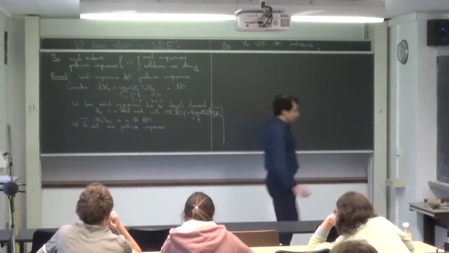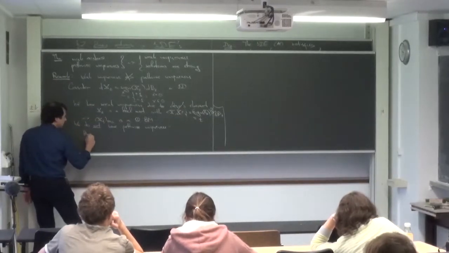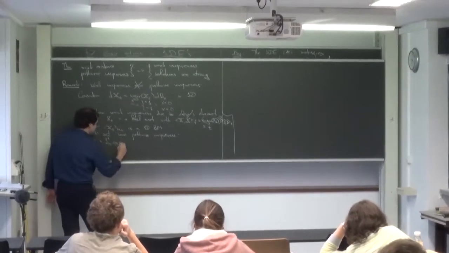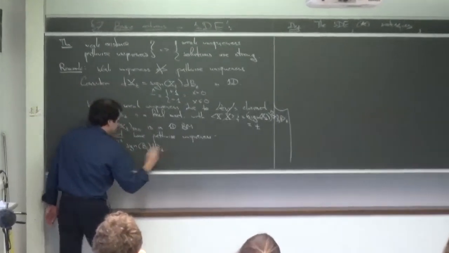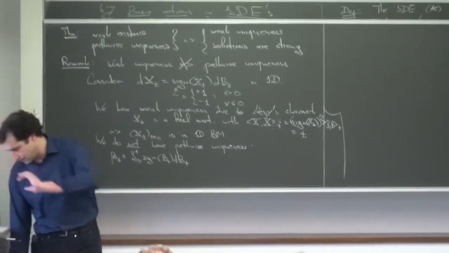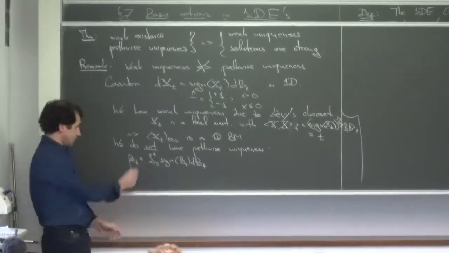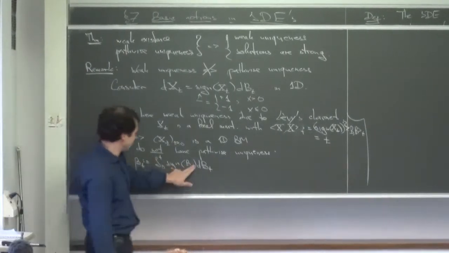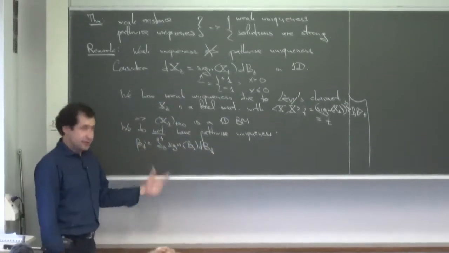Just note that if, say, beta t is constructed this way, we saw that this is again a Brownian motion.